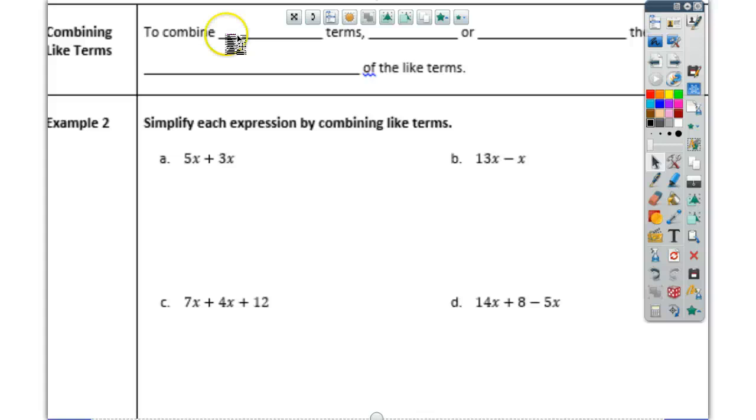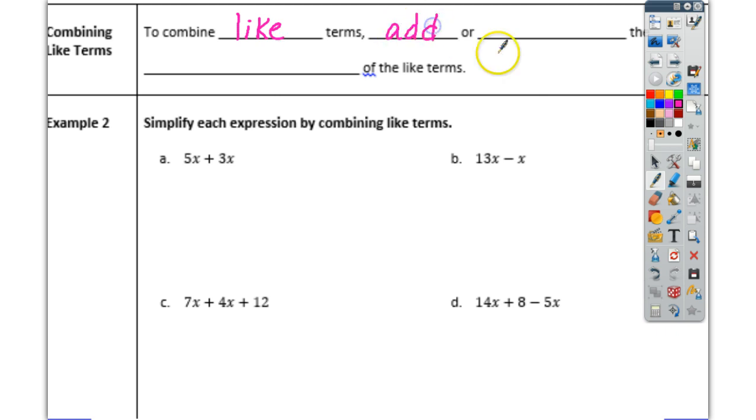But when you combine like terms, you add or subtract the what of the like terms? What did we do when we just practiced those two? What did we do with the like terms? We added or subtracted, we combined the what of the like terms? Next, the coefficients.